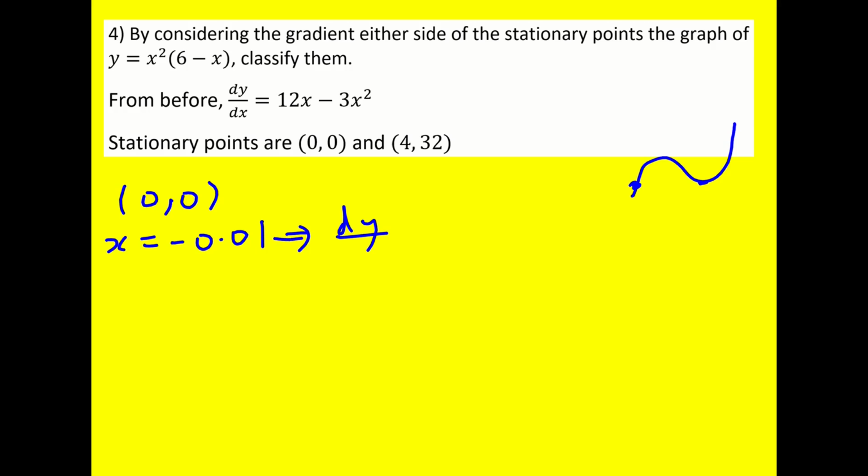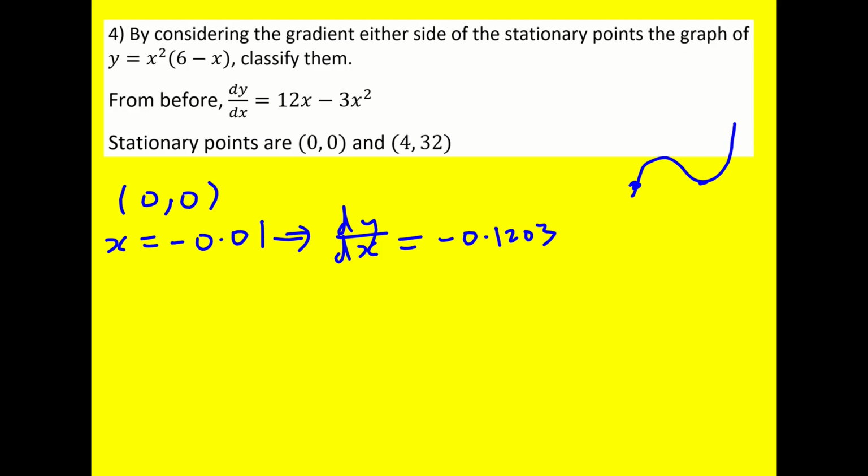We're going to use the word imply, like the symbol implies here. Implies dy by dx equals, and then I can work that out, 12 times minus 0.01 minus 3 times minus 0.01 squared. Okay, and I get a negative.